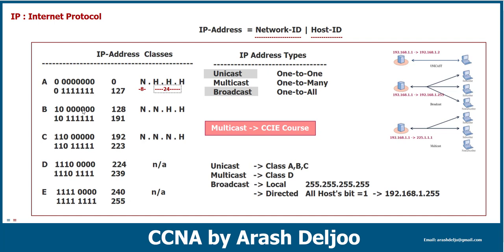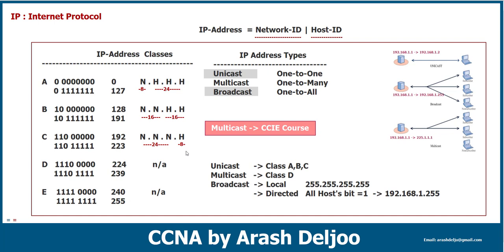After that, about class B addresses, we have 2 octets as the network bits, and this means that we have 16 bits of network and also 16 bits of host. About class C, we have octet 1, octet 2, and octet 3 as the network octets, and the last octet, octet 4, is the host octet. Because of that, here we have 24 bits of network and also 8 bits of host.